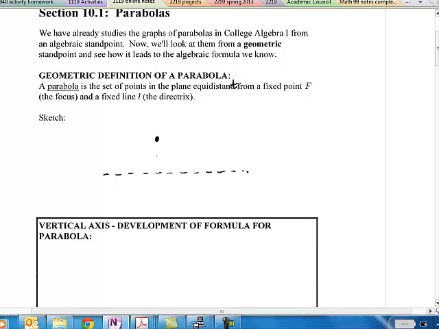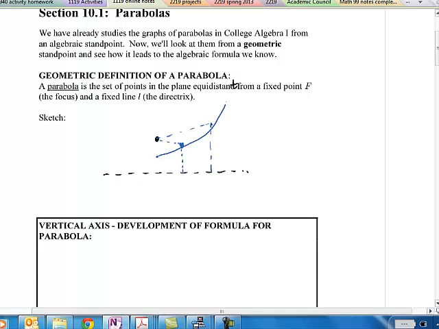So one of those would be the midpoint between the line and the point, between the focus and the directrix. And then the rest of them, maybe we would have a point here that's the same distance from the line as from the focus. Those distances look about the same.